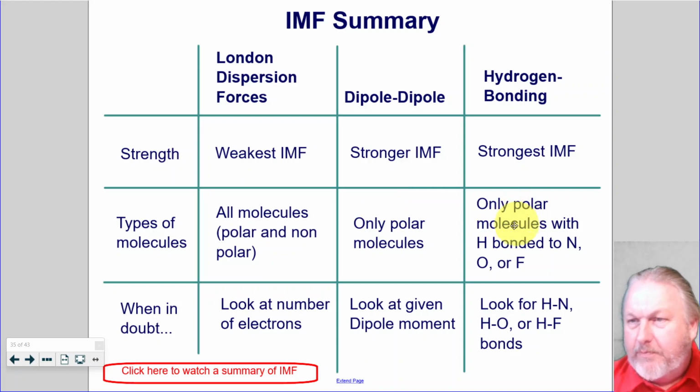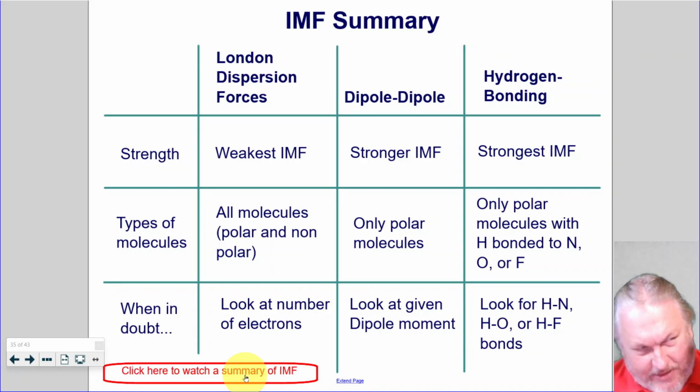Hydrogen bonding, only polar molecules with hydrogen bonded to F-O-N. And when we want to check it, for LDFs let's look at the number of electrons. For dipole-dipole, look at the given dipole moment. For hydrogen bonding, look for an H-N, H-O, or H-F bond. If they're not there, well, it's not going to happen.